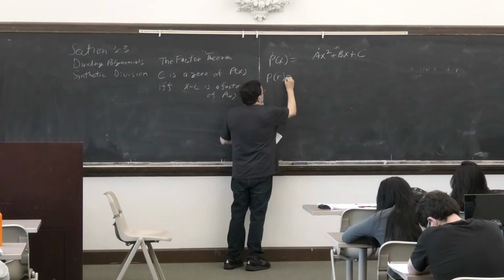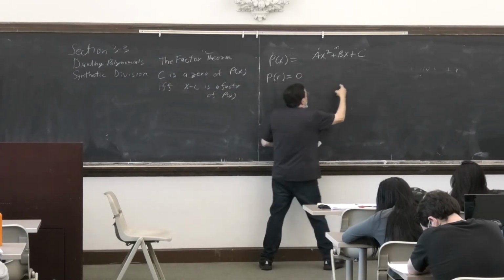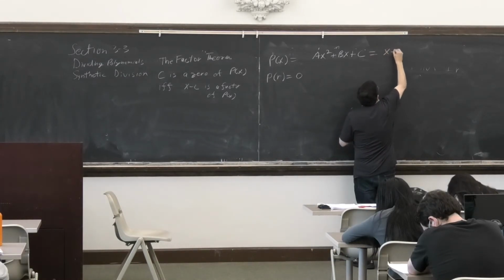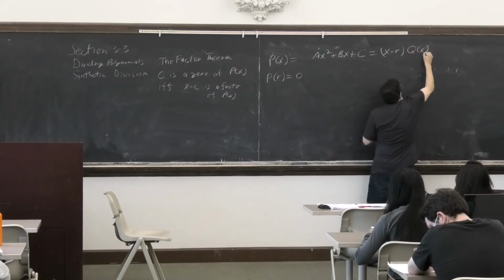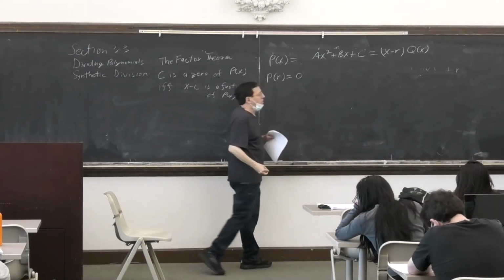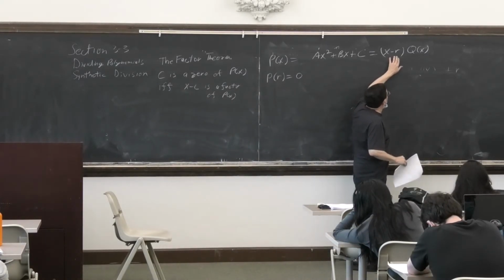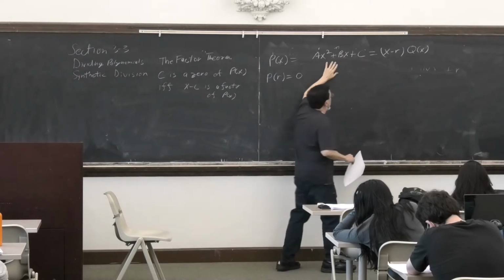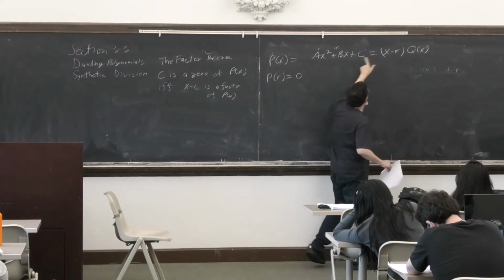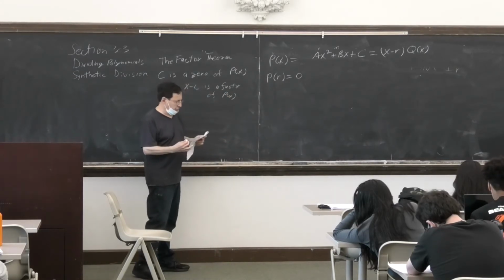If P of R is 0, then I can divide this by X minus R and leave some other polynomial. Furthermore, if these two factors multiply together to get this polynomial, then R is a root of it. So we're going to prove both of those.